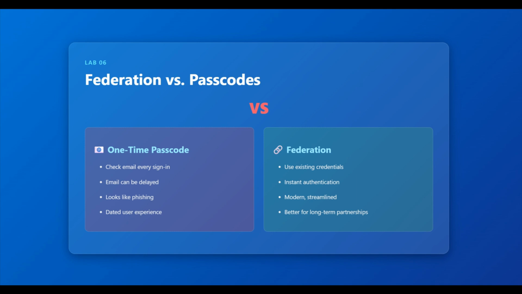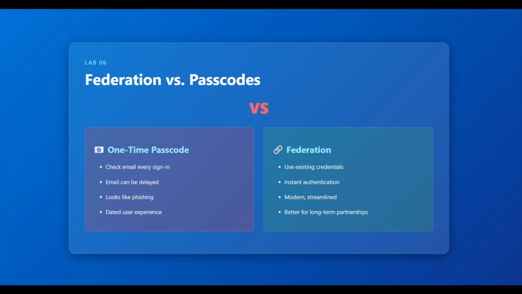And as for domain federation consideration, you can configure federation at the domain level. Every user from that partner company automatically uses federation authentication. Or you can configure it per user, which is granular, but that actually requires more administrative work.